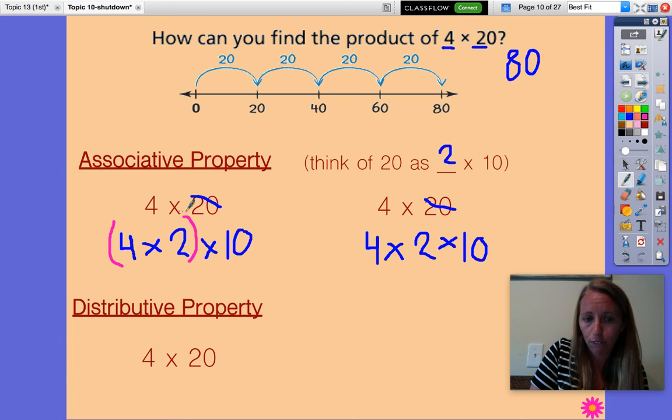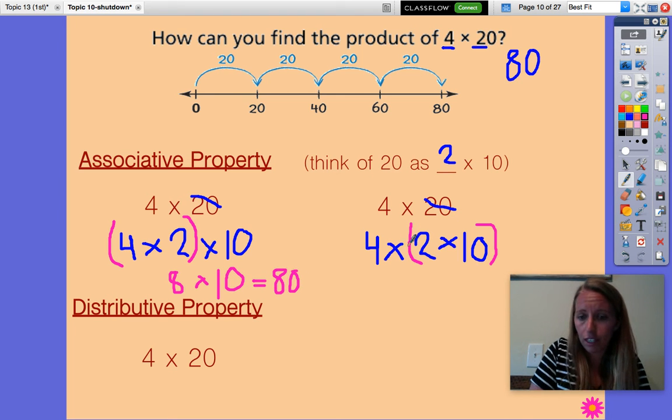So here we're grouping 4 and 2, and here we'll group 2 and 10. 4 times 2 is 8, times 10. We all know 8 times 1 is 8, add the 0, equals 80. We still get the same answer using the associative property. And here we're going to bring down the 4 times.